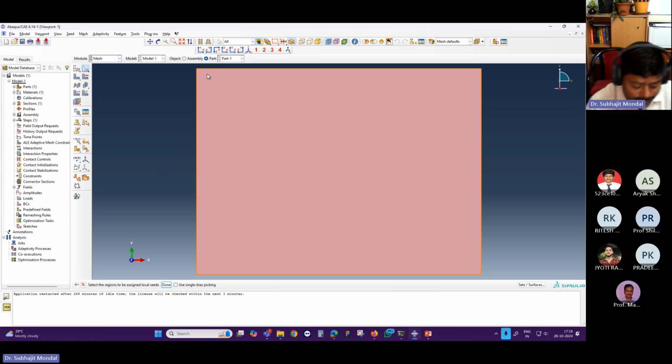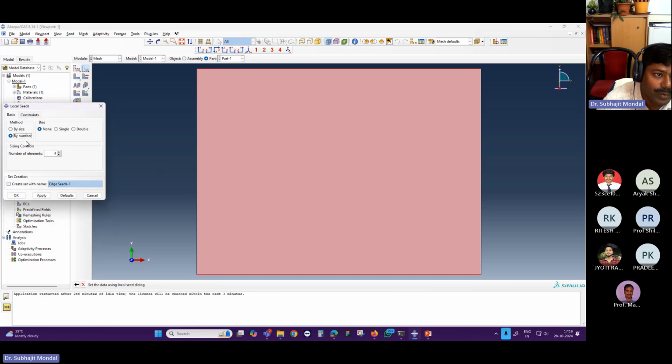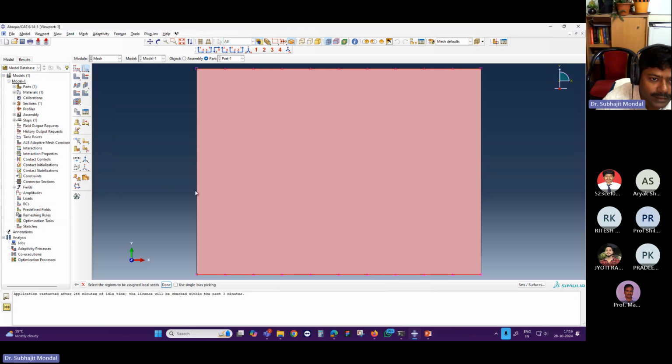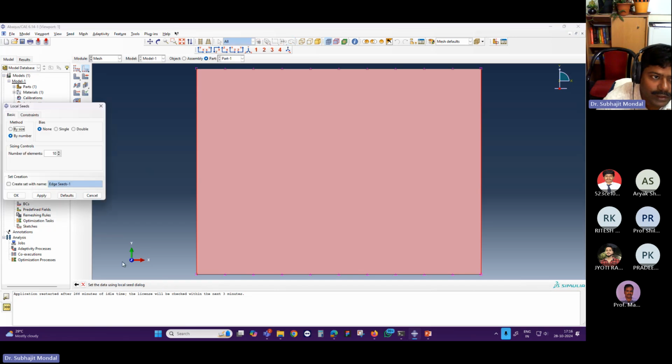Since we have the edges, we can select the edges. You can use the shift button and mouse to select. Now we are going to go for number. In this direction, we are going to give 10 elements. And the other side of these edges, again with the shift button, we can give 5 elements.